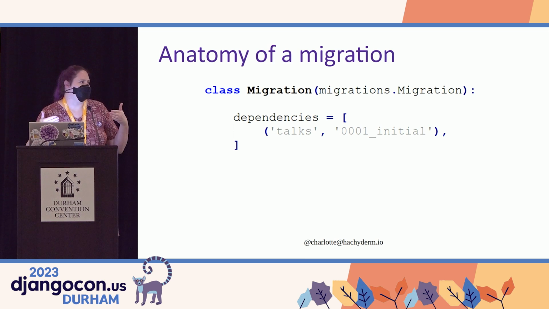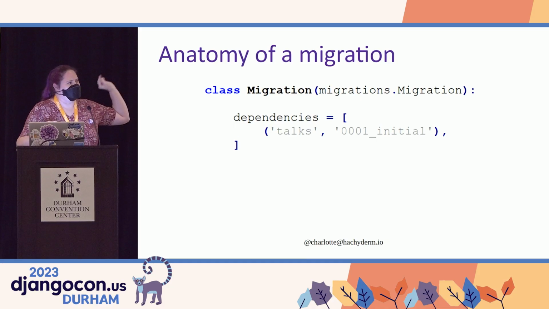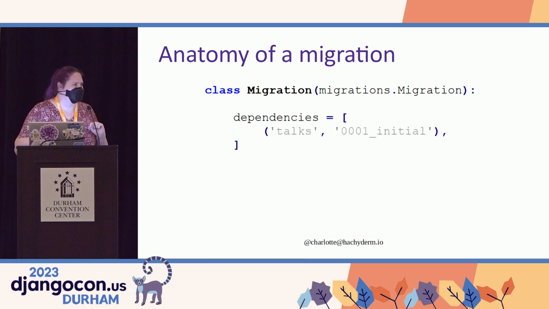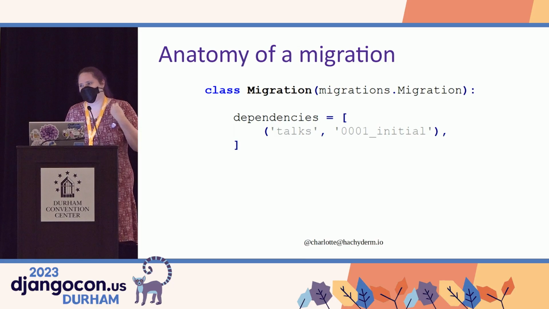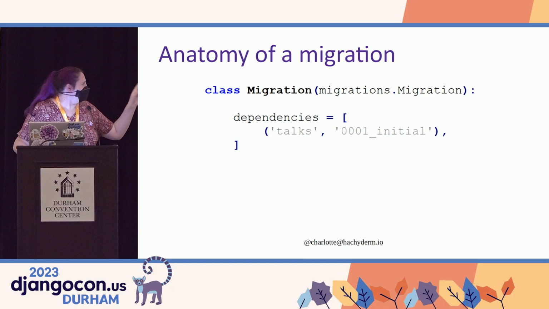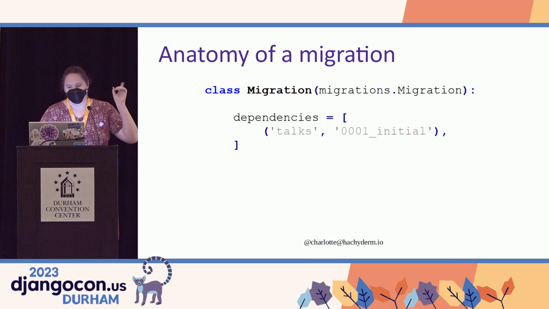If you and somebody else on your team are working on the same Django app at the same time and they push up their pull request that has a migration on it, you might have to change your dependency to depend on theirs instead of depending on the one before theirs in order to make all your migrations work. Sometimes that's the first time anybody has ever had to go in and manually do anything to a migration. But anyway, that dependency is just pointing at the first migration that we did.